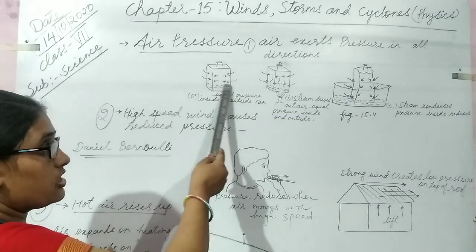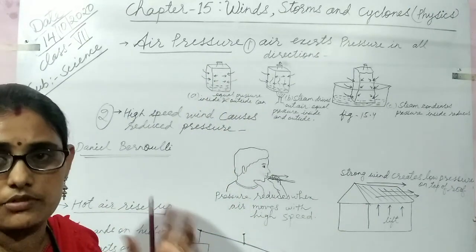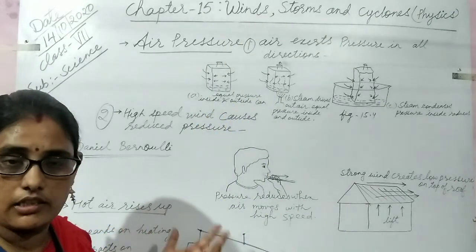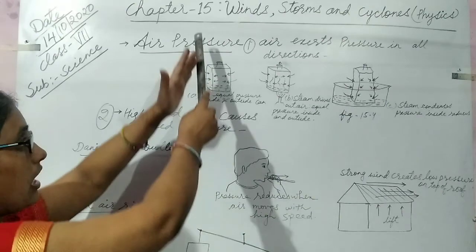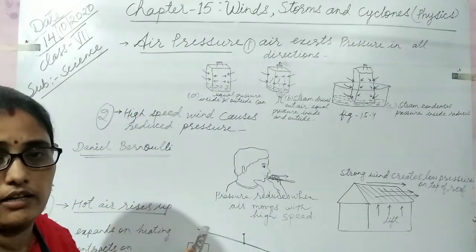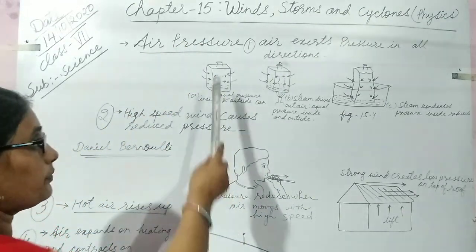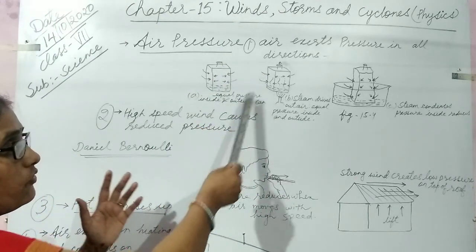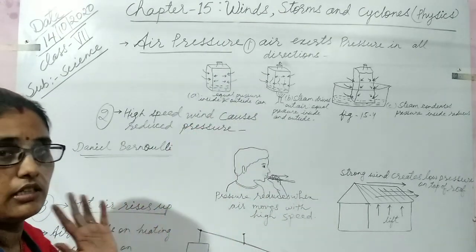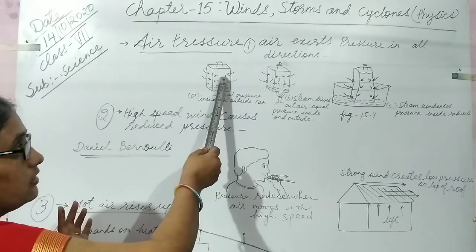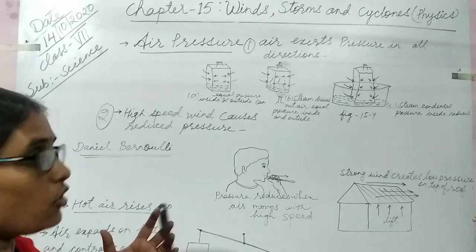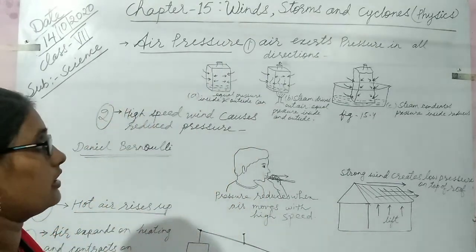It means the pressure inside the tin can becomes low and the pressure outside the tin can is high. The pressure outside the can is greater than the pressure inside the tin can. So the air pressure from all directions outside makes the tin can crushed. It means the tin can gets crushed because of the high pressure from outside.